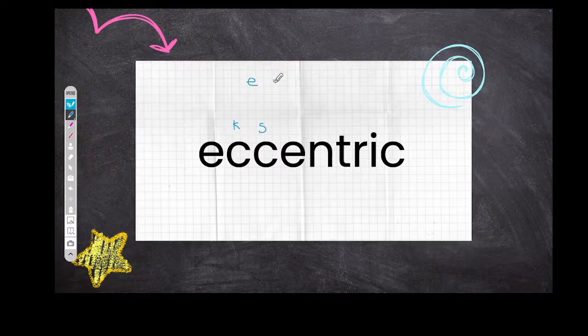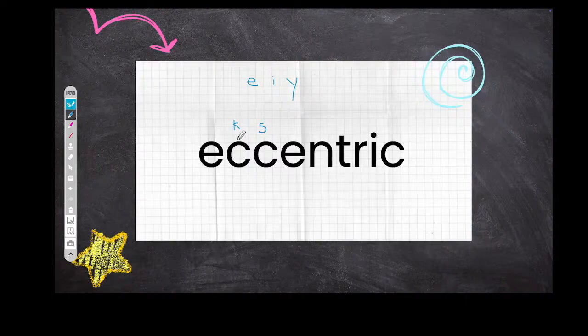E, I, and Y. Those are the letters that you want to look for after the letter C to tell you whether to say K or S. If you see an E, I, or Y, then you say S. If not, go with K. All right, so now we know, after looking at this word more carefully, well, there's really not anything that works together to make one sound. That means we have to make a sound for every single letter in this word. But that's okay. We're going to break it down one chunk at a time.